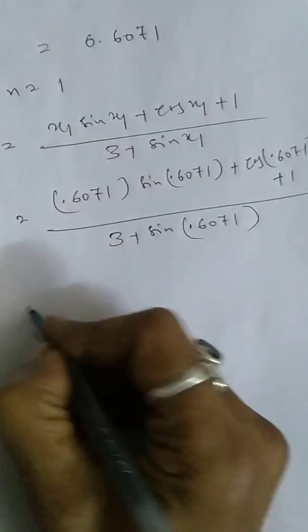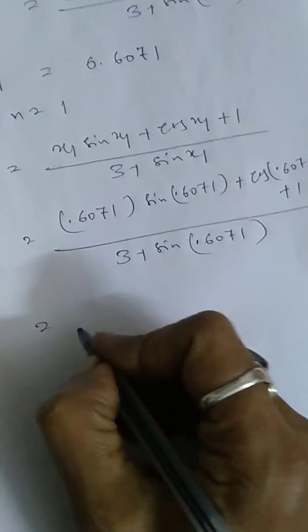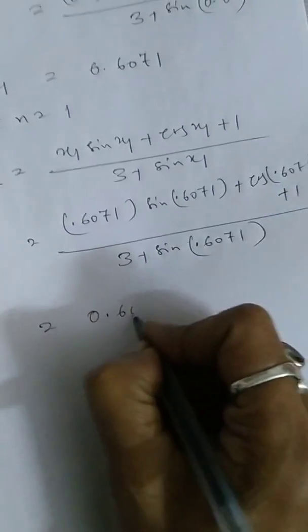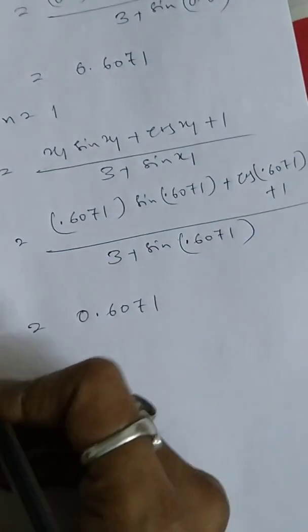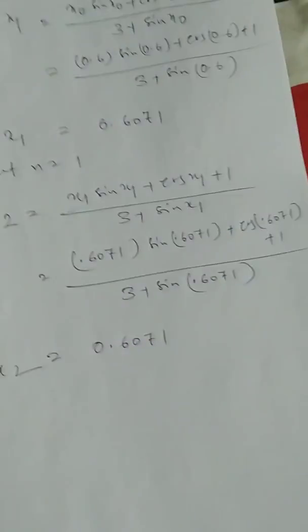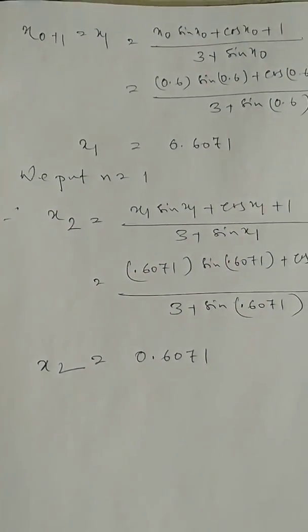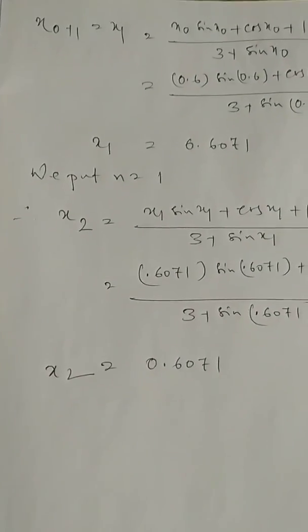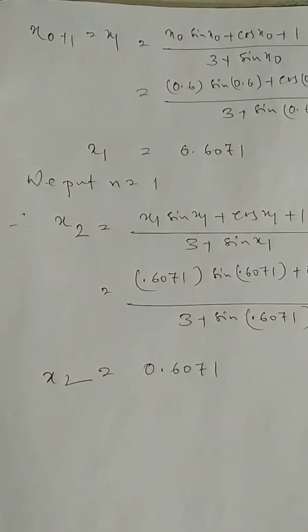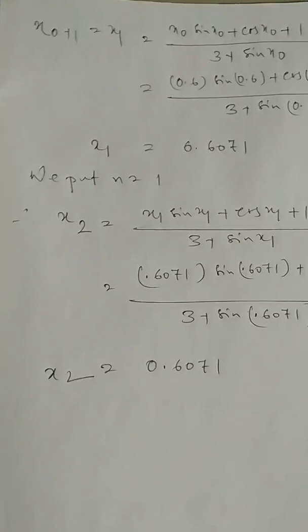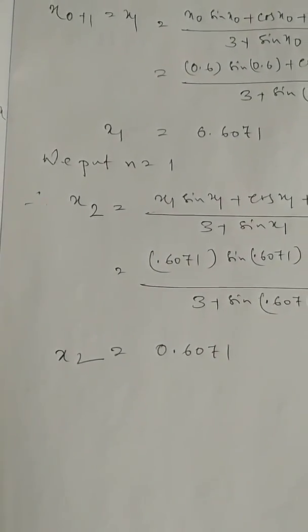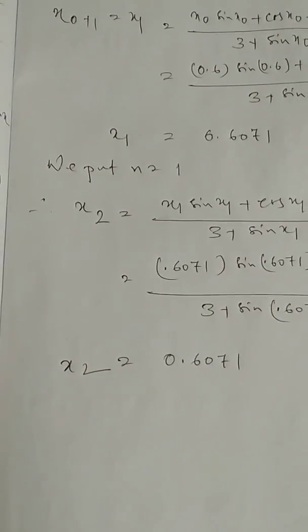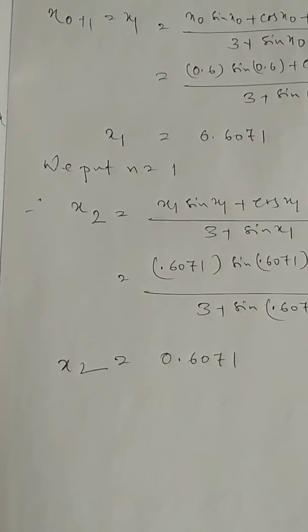And after calculating, the answer will come 0.6071. So as you see, in the first step x1 is 0.6071, and in the second step also the root, that means x2, is 0.6071.